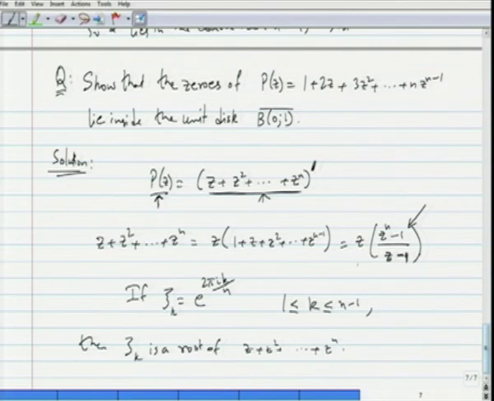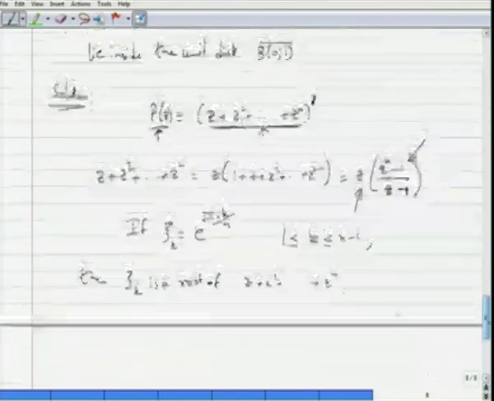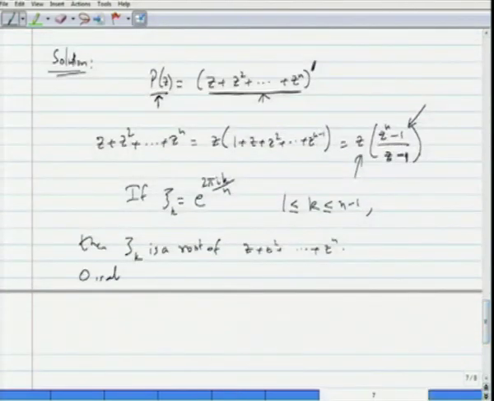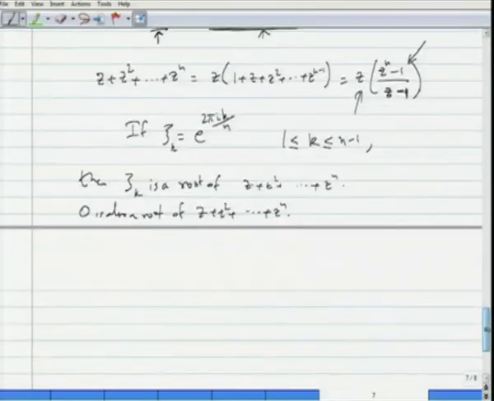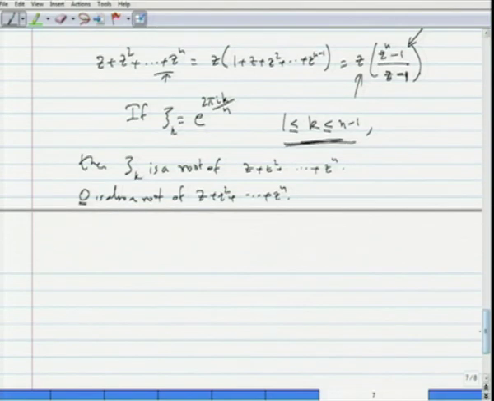Okay. And notice that 0 itself is a root of this polynomial. Okay. So, 0 is also a root of z plus z squared plus so on until z power n. Okay. So, now the zeros, these are n minus 1 in number, okay, and including 0, we have n roots, and an nth degree polynomial has at most n roots. So, we know all the n roots, these are all distinct, that is the point. Okay. So, we now know all the roots of this.